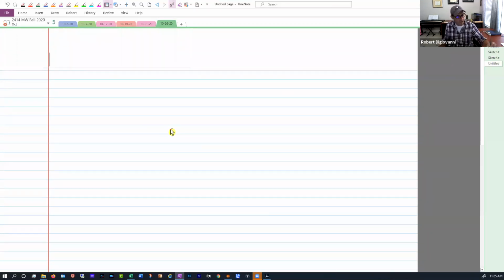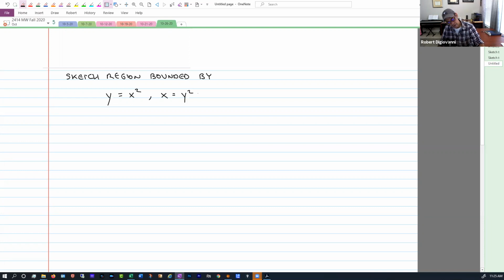So the one I'd like us to do next, same thing: sketch the region bounded by y equals x squared, x equals y squared.